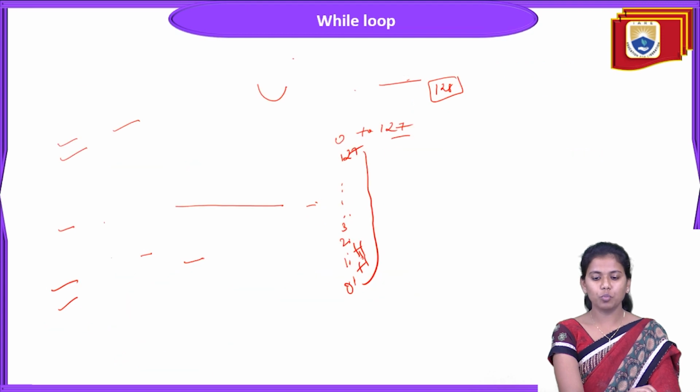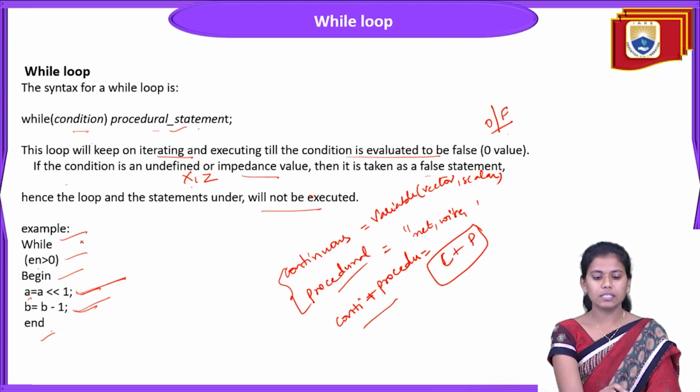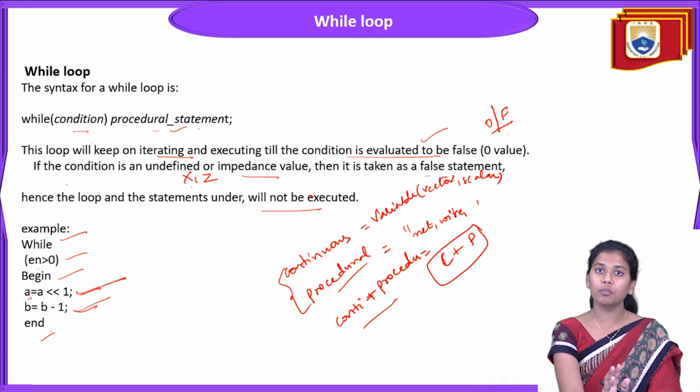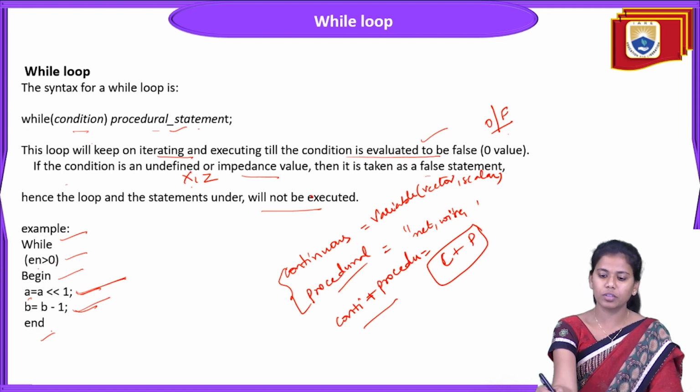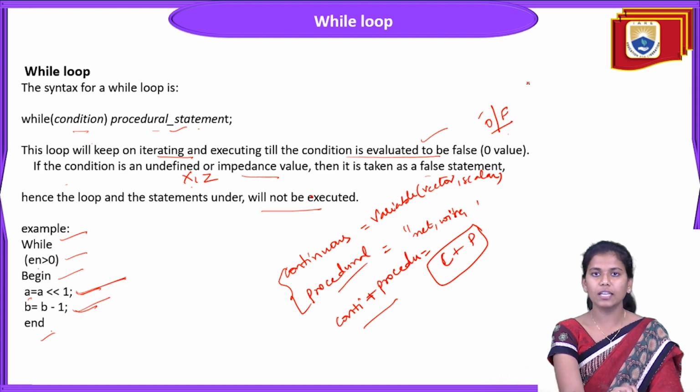Also, when it comes to the while loop, it keeps on executing until the condition evaluates to false, that is 0 or false. Till then we can iterate and execute the statement.